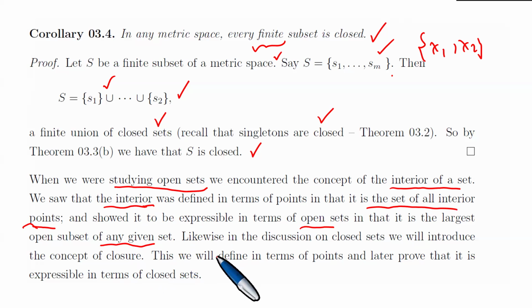Likewise, in the discussion on closed sets, we will introduce the concept of closure, in the same way as with the concept of the interior. Here, for closed sets, an equivalent property is the closure of a set, not the interior.